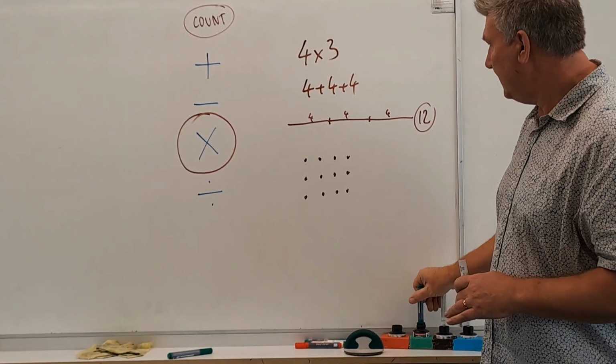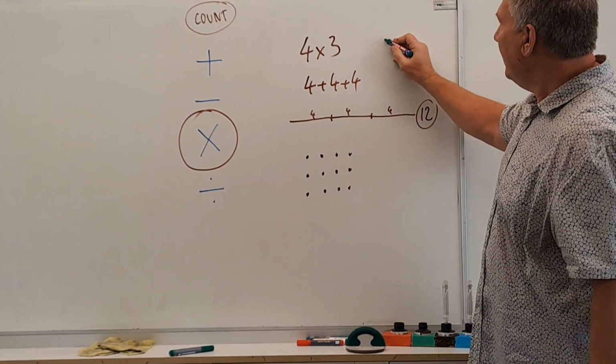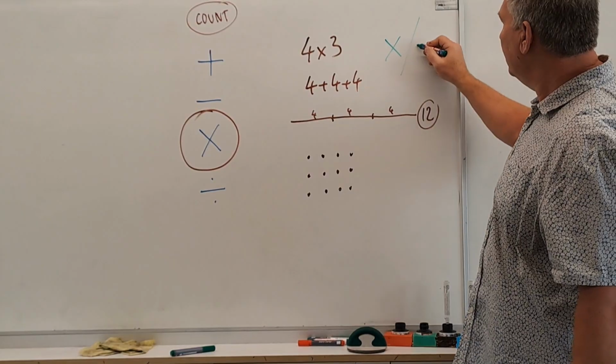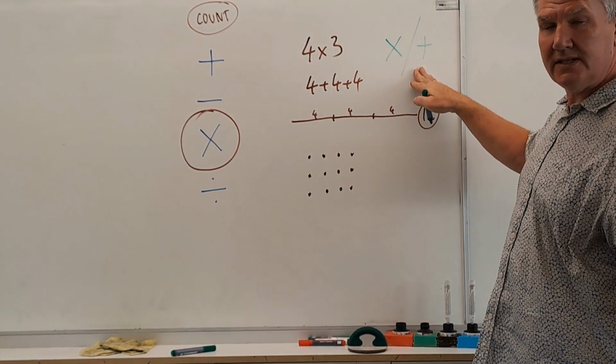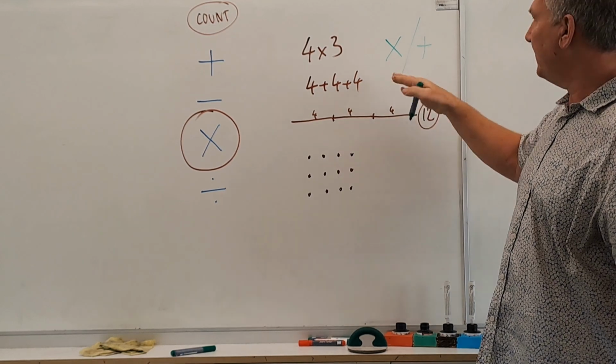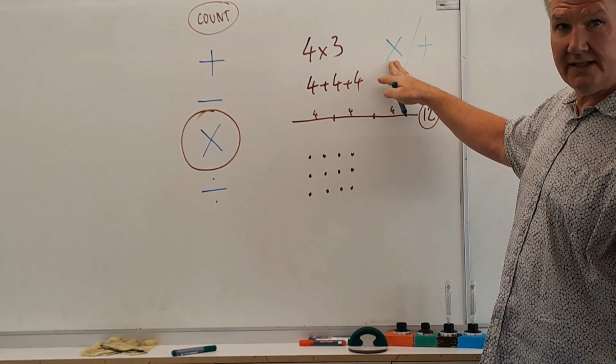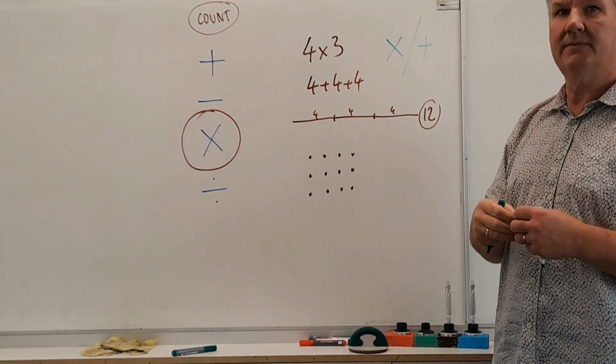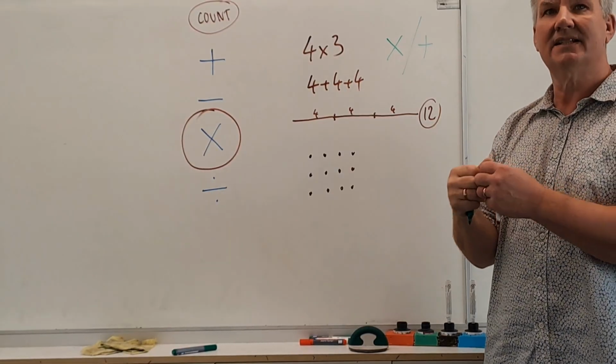Because if there is this confusion in the student's head between multiplication and addition, they replace, even though they're seeing a multiplication symbol, they're replacing it conceptually with ideas of addition, and often they get stuck there.